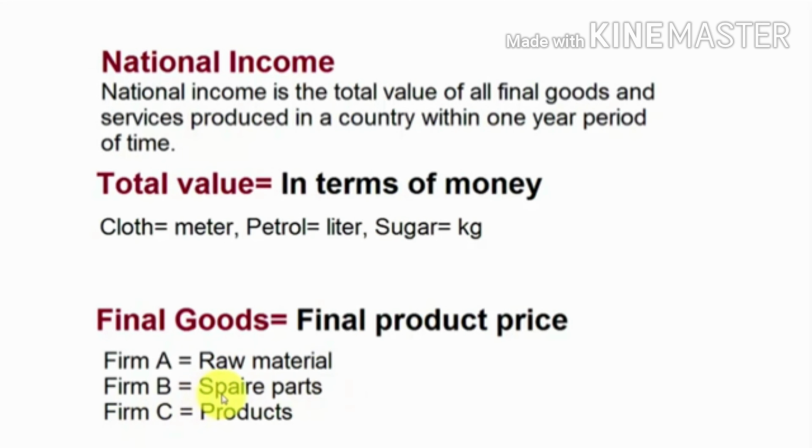So in national income, we do not add the price of raw materials or spare parts, but we only add the price of final products. And national income in a country is calculated on a yearly basis. So national income is the total money value of all final goods and services, which is the final product price, produced in a country within a 1 year period of time.